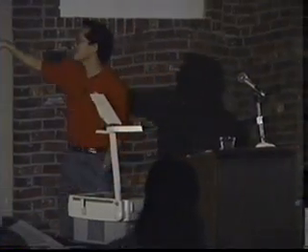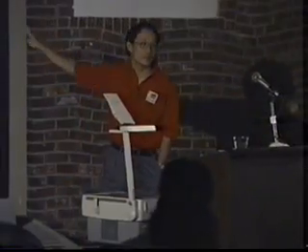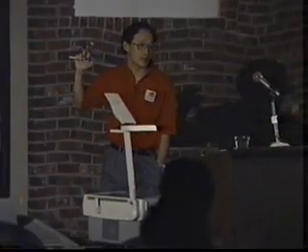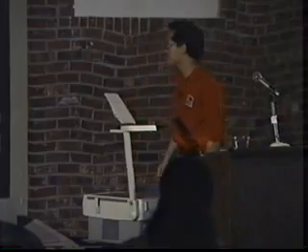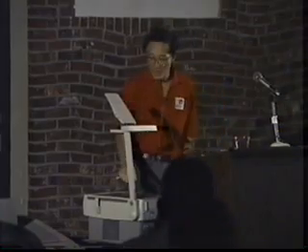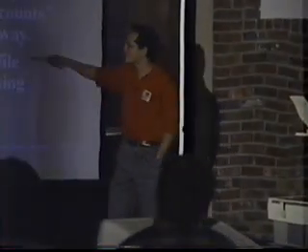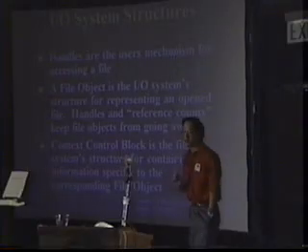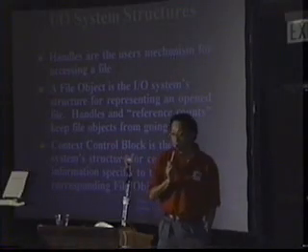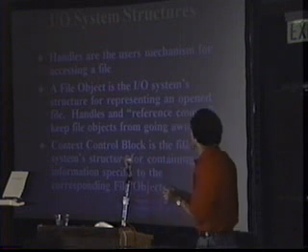So that's a warning when you're doing a file system: make sure your reference counts are right to keep stuff from going away. And like I said, the context control block is per open file system information about that file object.